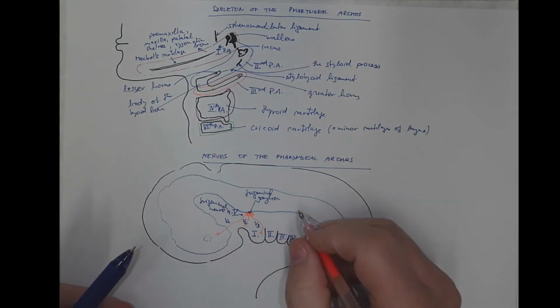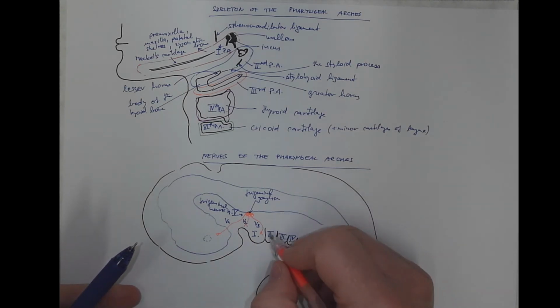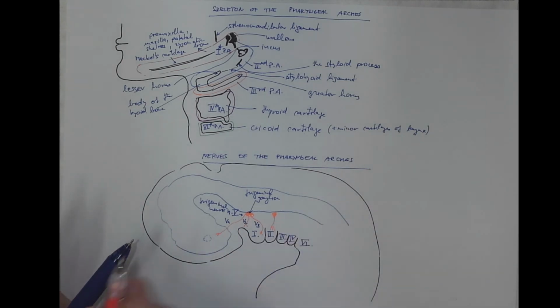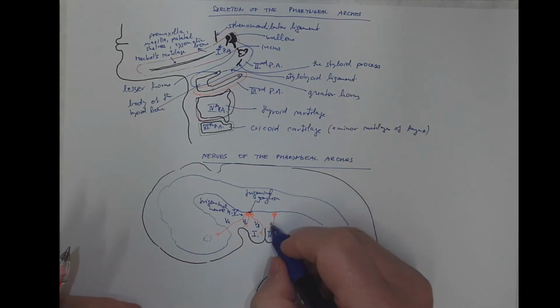The second arch and all the structures that are derived from the second arch, like muscles, for example, are supplied by the seventh cranial nerve, the facial nerve.